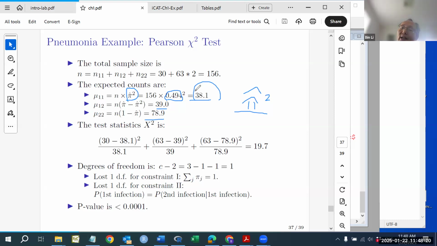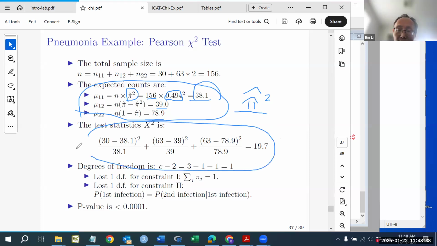So we have the total sample size n multiplied by this, that's 38.1. And this is that. So these are the expected counts. So now we can use the Pearson's chi-square. You can see we got this, and what is the degree of freedom?